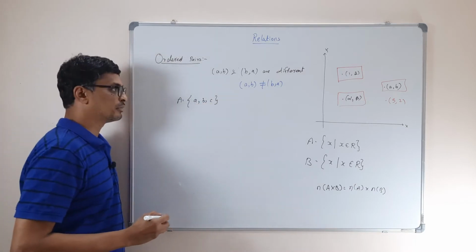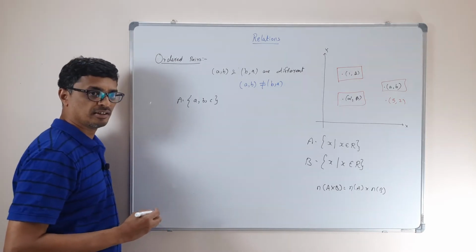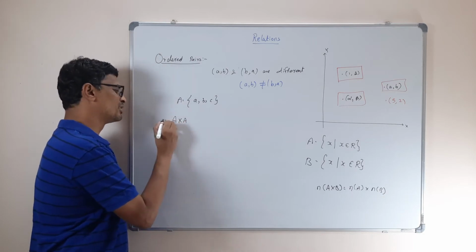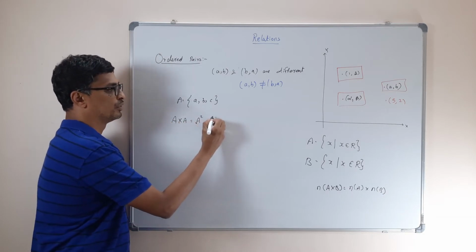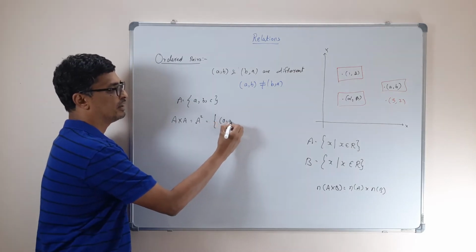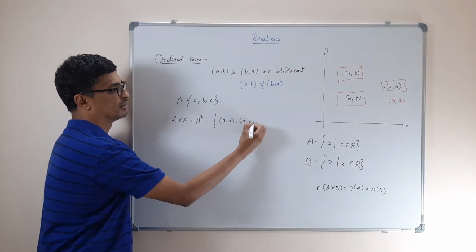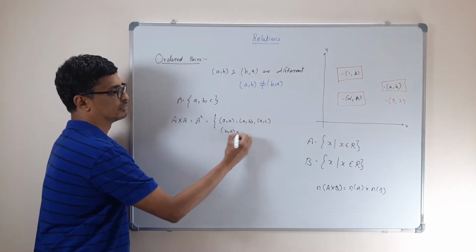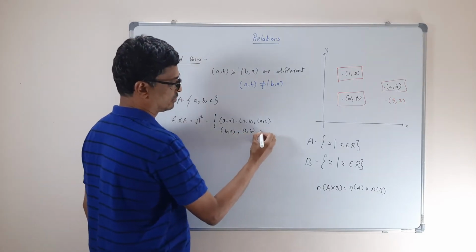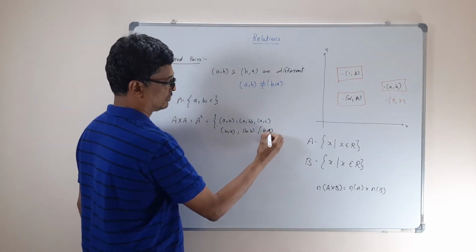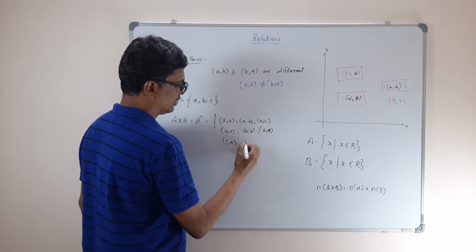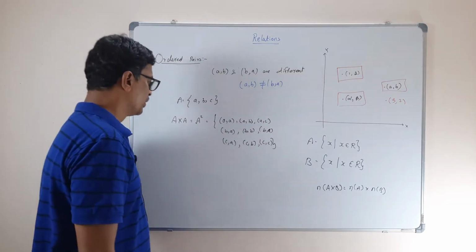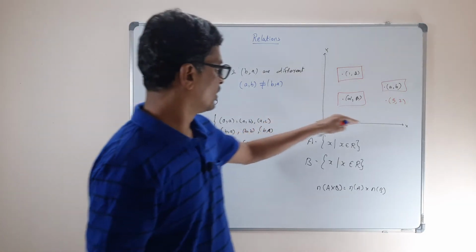Can you write down its Cartesian product with itself, which is written as A square also? (a, a), (a, b), (a, c), then (b, a), (b, b), (b, c), and similarly (c, a), (c, b) and (c, c).